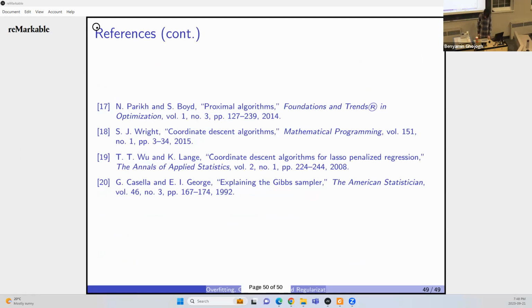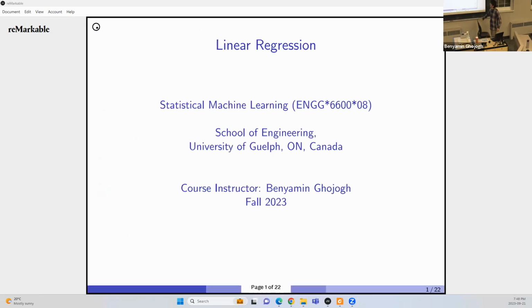Okay, let's continue with the next thing. Now we enter regression, okay? Linear regression. Basics are covered. Now we enter the basic algorithms for regression and classification.